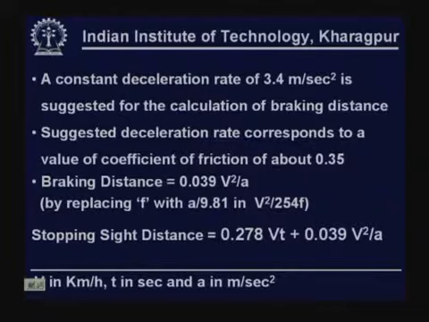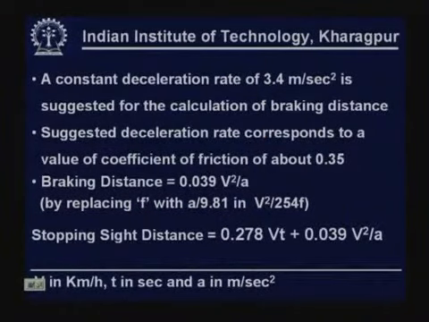It is basically the earlier equation v square by 254 f. If we replace f by a by 9.8, 9.8 being the value of g, then we will get this equation, that is braking distance equal to 0.039 v square by a. V is in kilometer per hour and a is in meter per second square.